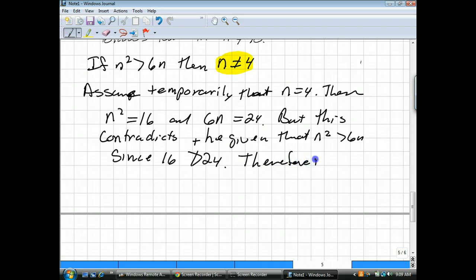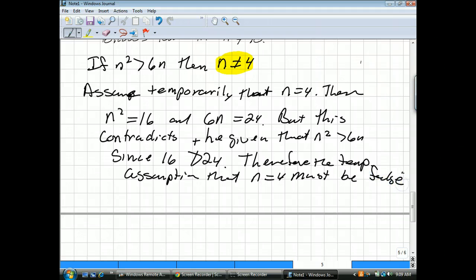Therefore, the temporary assumption that n equals 4 must be false. Hence, it follows that n is not equal to 4.